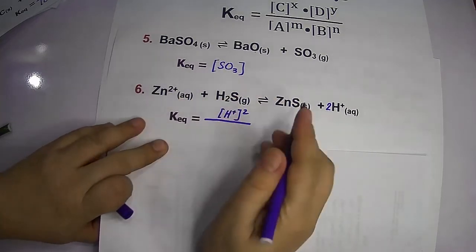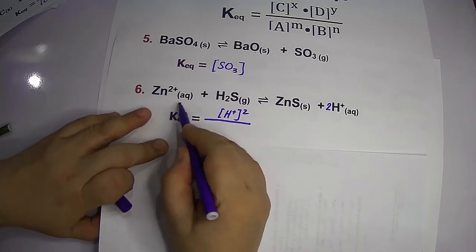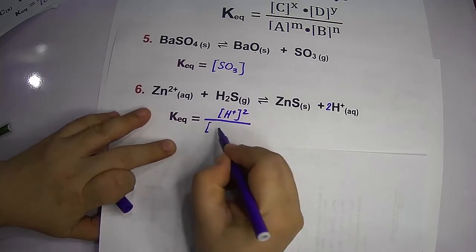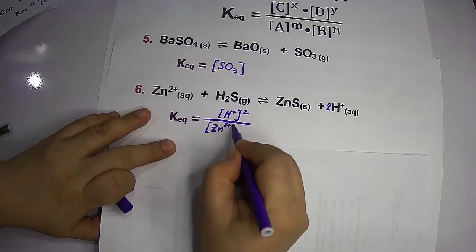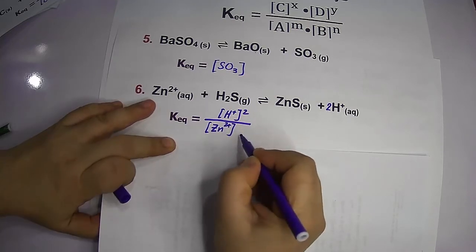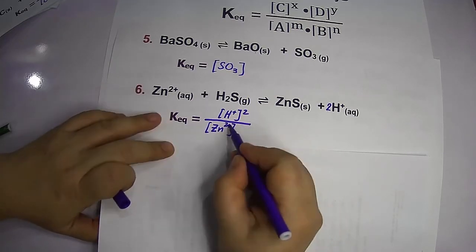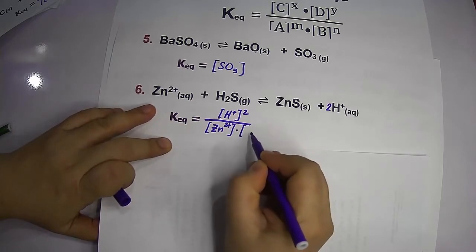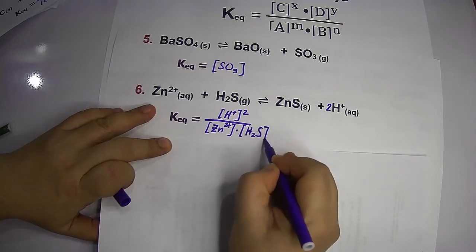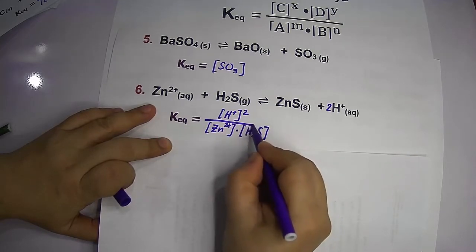On the reactant side, we have the zinc ion in aqueous, so it will be involved here. You have positive 2 raised to 1. You don't have to write that. And we multiply by the concentration of the hydrogen sulfide, which also has 1 coefficient.